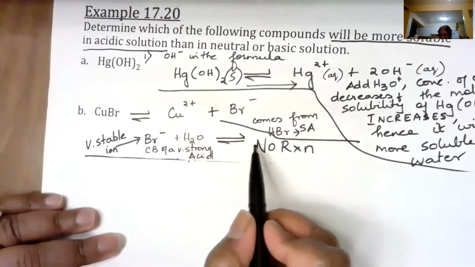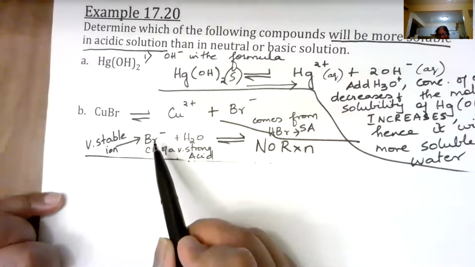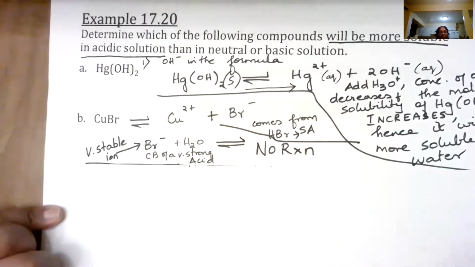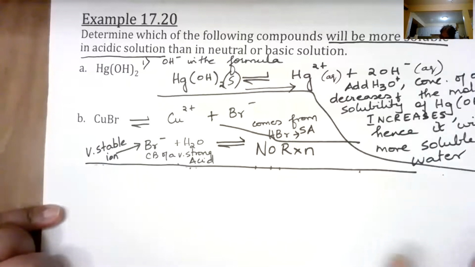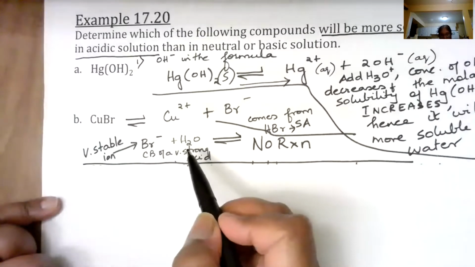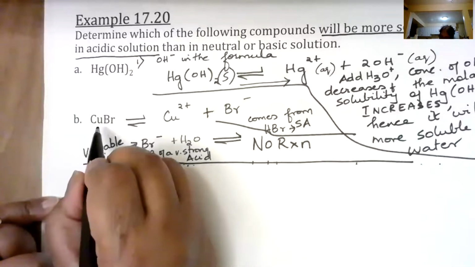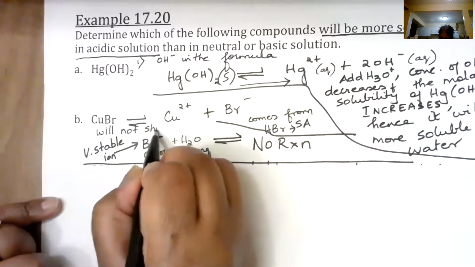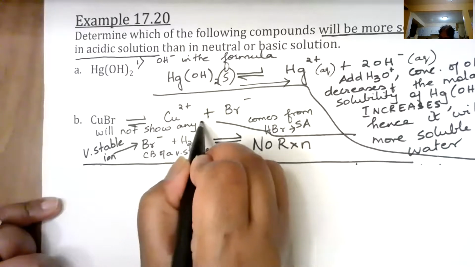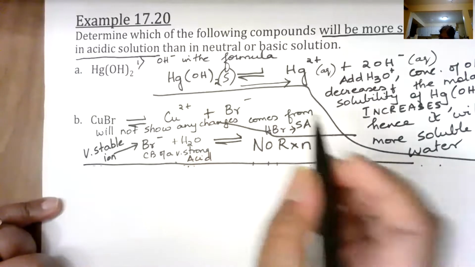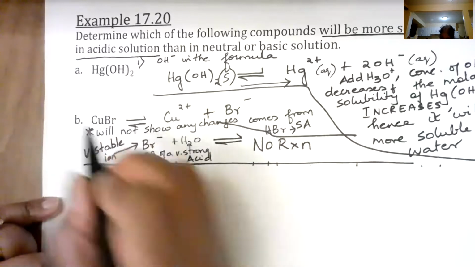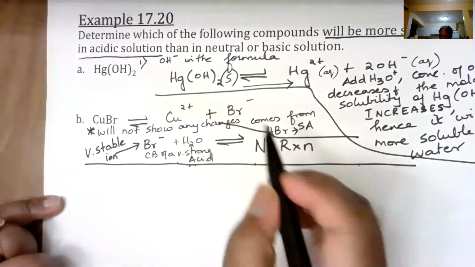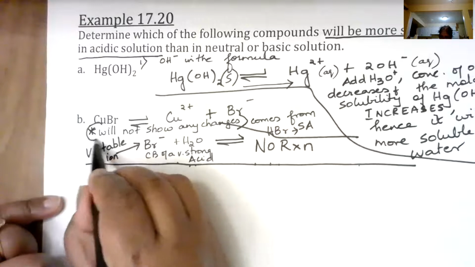So he's not producing any OH minus ions, and he's not acidic. Therefore CuBr will show no reaction when you add an acidic solution or a basic solution. It will not show any changes in an acidic solution.